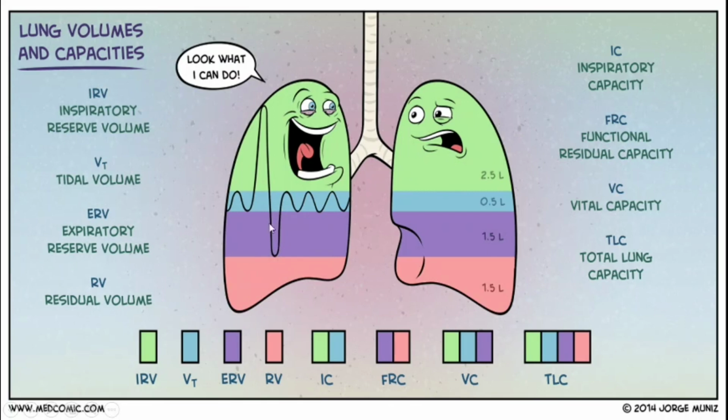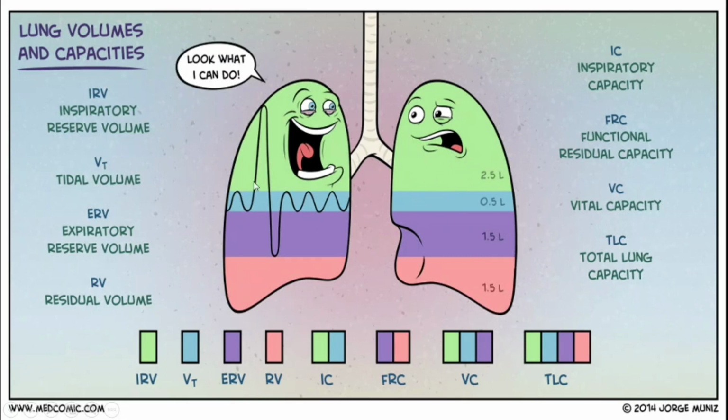So that amount of air is being reserved for when you do some heavy exercise, or while a dog is chasing you, or while you are running. So this is the expiratory reserve volume, which is approximately 1.5 liter, and the inspiratory reserve volume is 2.5 liter.